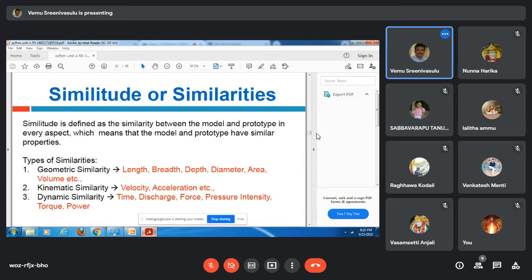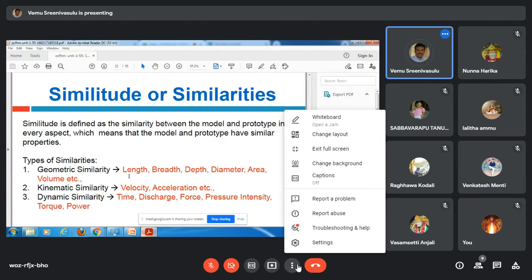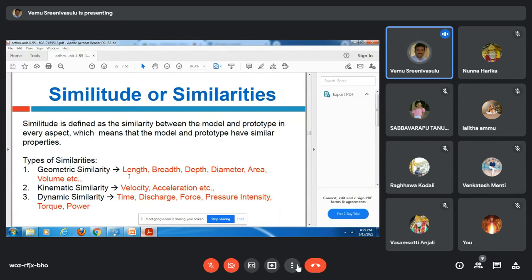Geometric similarity means the length of the prototype divided by the length of the model is equal to the breadth of the prototype divided by the breadth of the model. If so, then it is called geometric similarity. Similarly, kinematic similarity means the velocity of the prototype divided by the velocity of the model is equal to the acceleration of the prototype divided by the acceleration of the model.